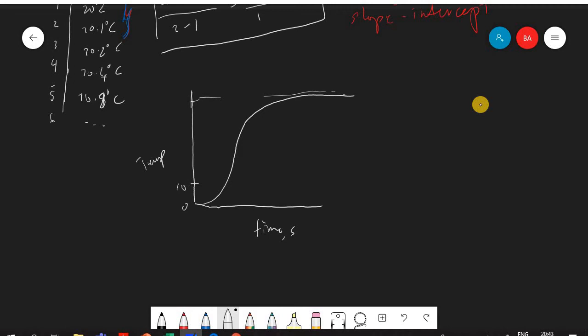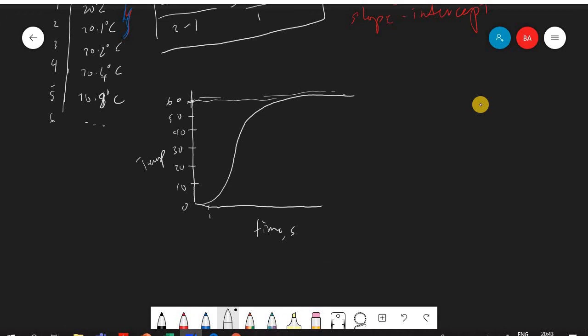So this is 0, 10, 20, 30, 40, 50, 60, and I would consider this goes to the value 60. So it goes from 0 to 60, and I can apply many methods now, but let me just put the numbers here.